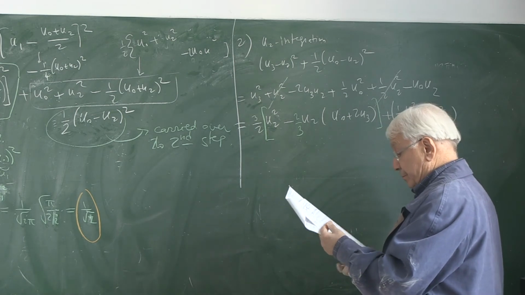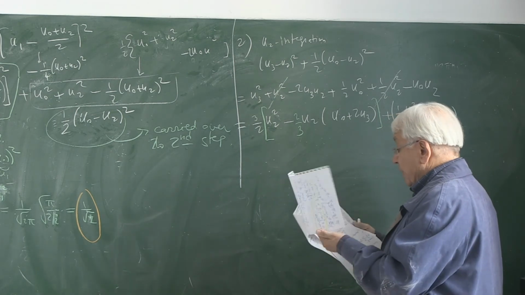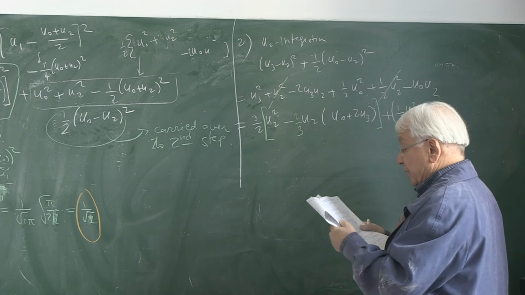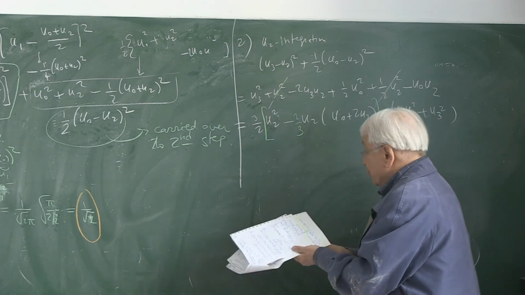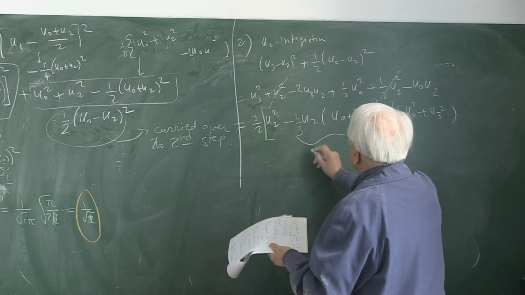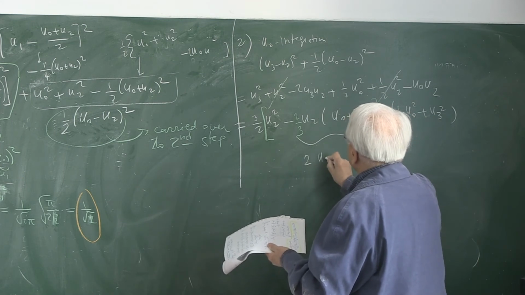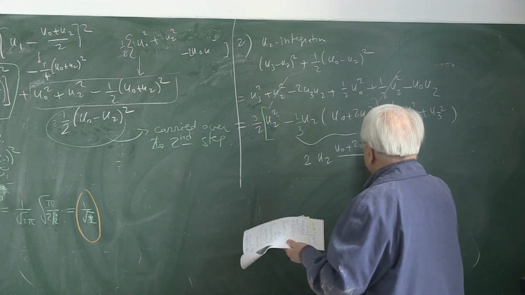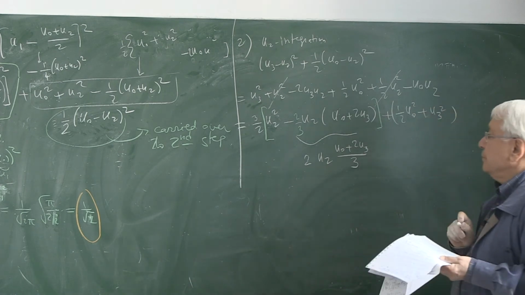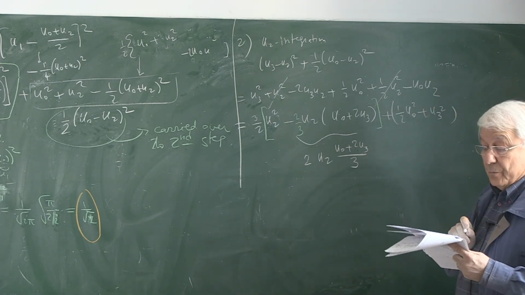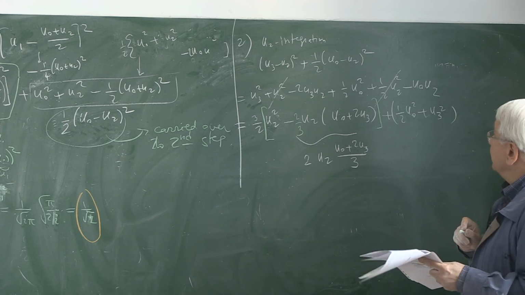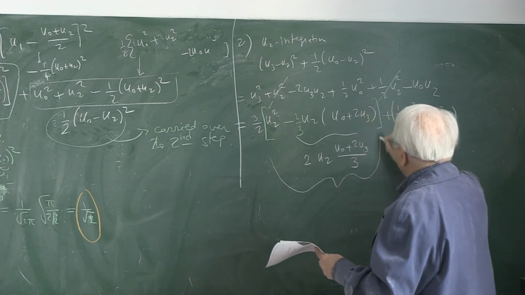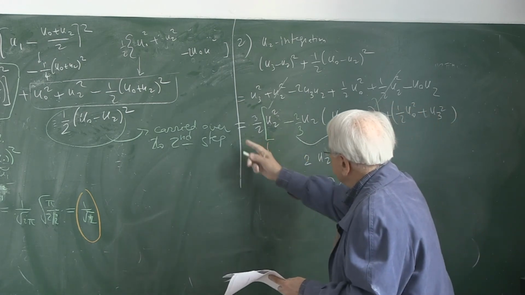Yes. I have to go controlled, it's a dangerous business. We don't have to make any mistakes. So, okay, let me proceed now. I will rewrite this as 2 u2 u0 plus twice u3 divided by 3. Yes, indeed so. Then I can complete it to a full square, this one, leaving the coefficient out.